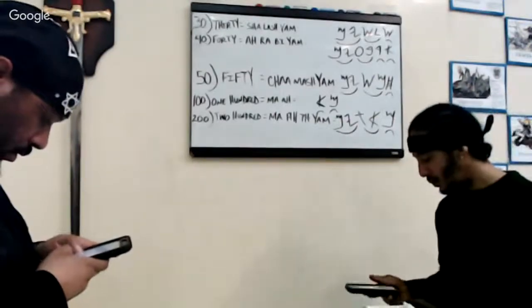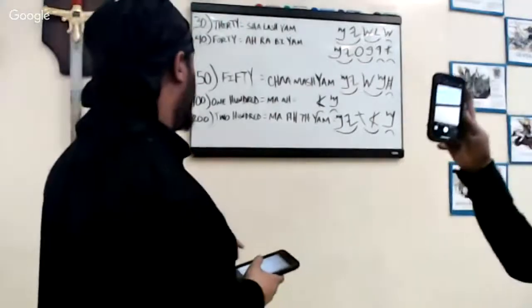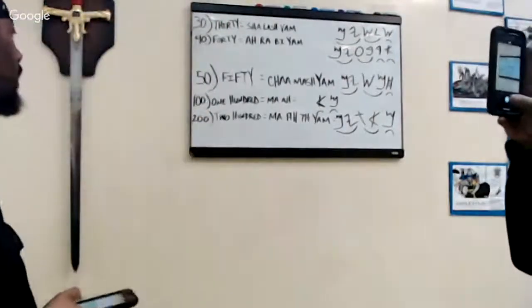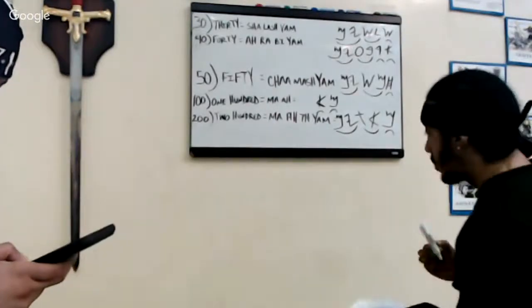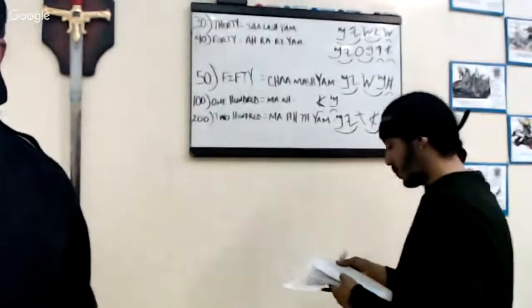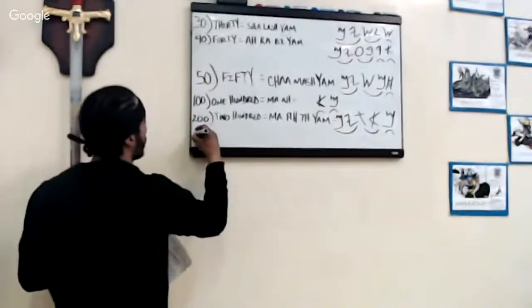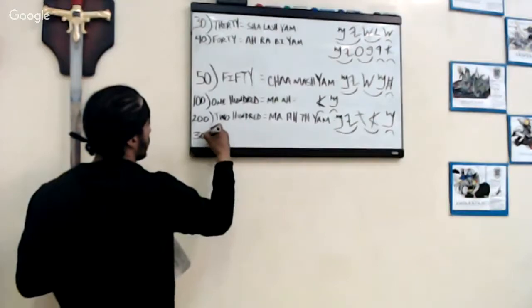Now, let's see if we can get this on the bottom. 1,000. No, you get the 300. Shalash. Let me see how you do it over here.